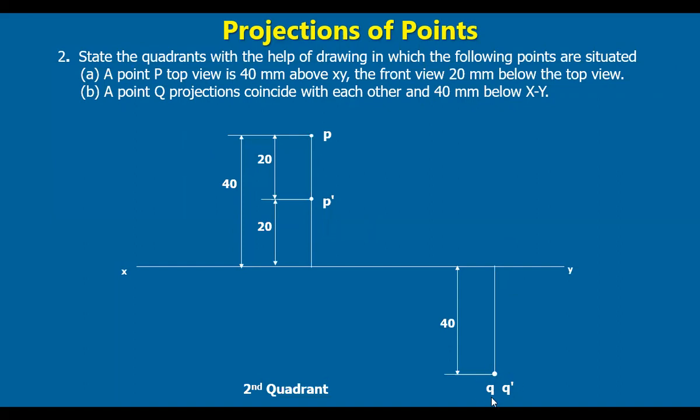Because these two projections are lying on one side and below the reference line, this point Q must be in the fourth quadrant. So like this, the given data should be represented as it is.